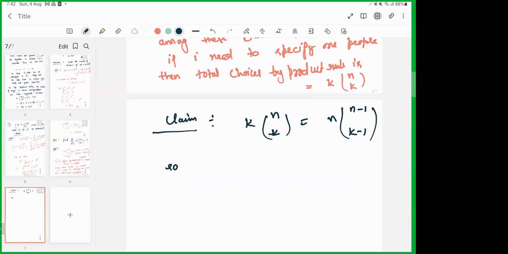Let me write the right hand side as well. The RHS also refers to the same expression.